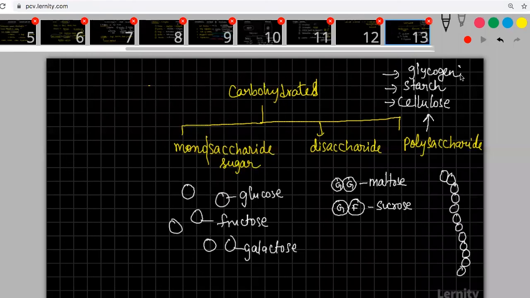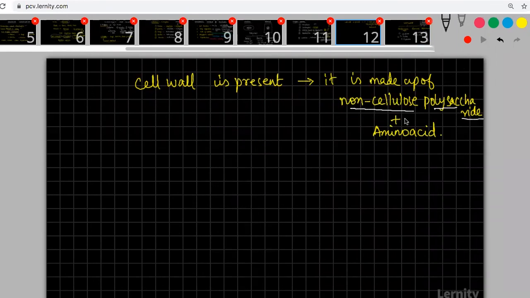Okay, so the chief component in cell wall in most organisms is cellulose. So what they are trying to do is differentiate it here, saying that this cell wall is not cellulose. It is made up of a substance which is very distinct from cellulose, and it is a polysaccharide which is present along with amino acid. Okay, so that is what they are trying to tell here.